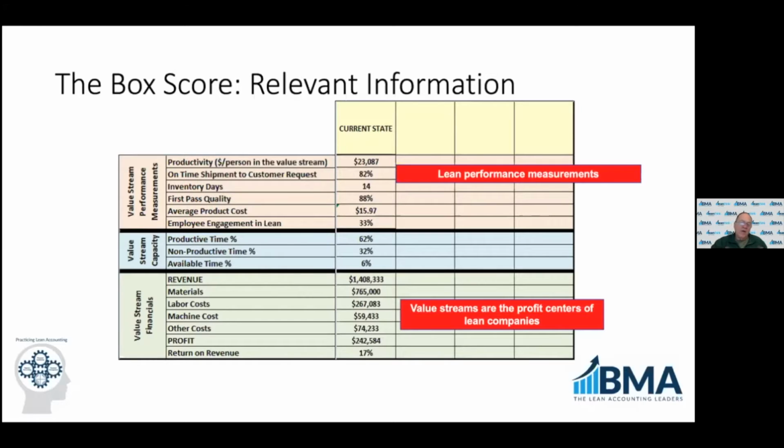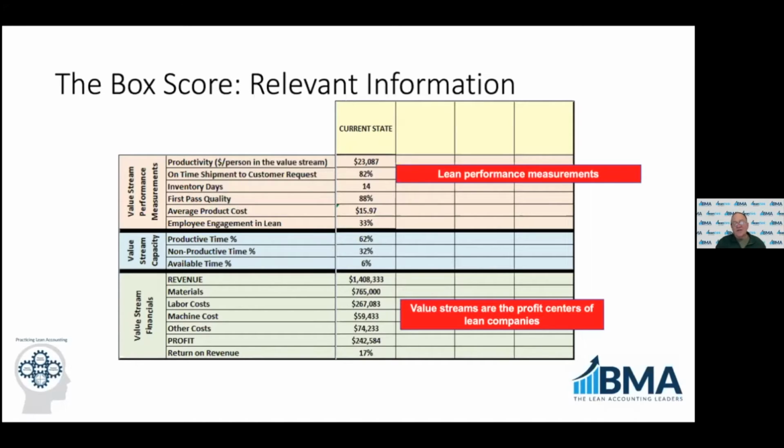Second, we want to look at profitability at the value stream level. So, what's a value stream? For those of you who may not understand it, the easiest way to think about it is when a customer gives you an order for a product or a service, you have to perform work, either build a product or deliver a service, in order to get that to the customer.